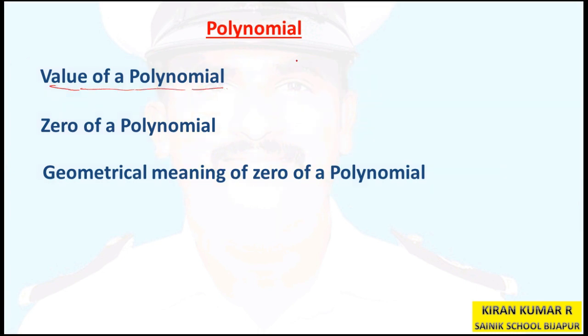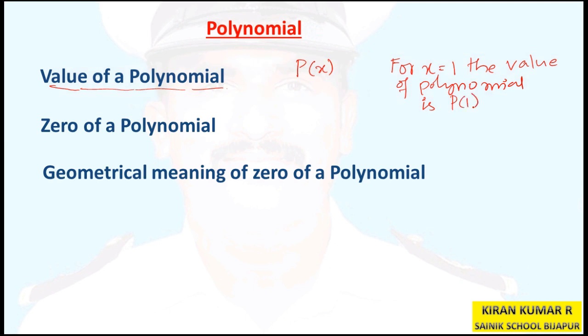If I consider polynomial as p of x, for x value is equal to 1, the value of polynomial is p of 1.